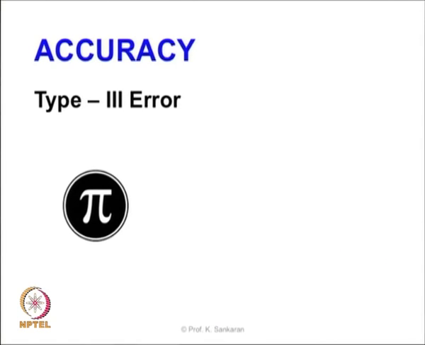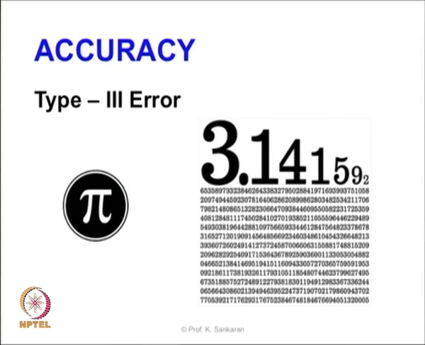The third kind of error we are going to talk about is truncation error, related to the computational accuracy that one can reach in modern-day computers. For example, the number pi has several digits following 3.14159. Modern-day computers can go quite far, but still can never accurately represent the actual number pi.